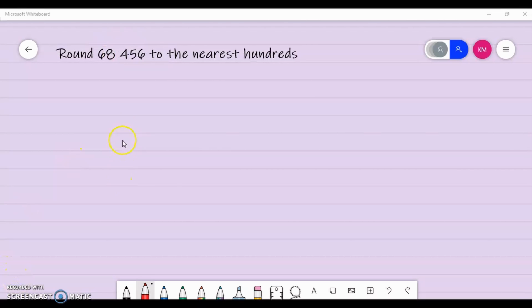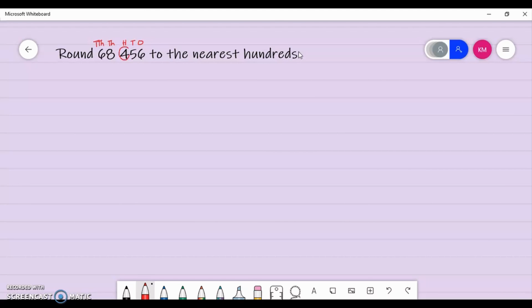Now let's have a look at another question. Round 68,456 to the nearest hundreds. So firstly, we circle that digit that is in our hundreds position. I'm going to label this as tens of thousands, thousands, hundreds, tens, and ones.